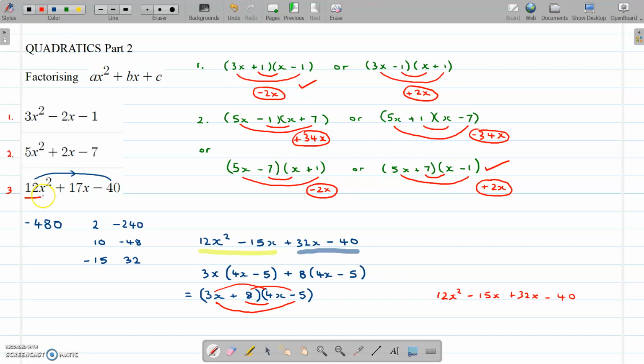It just takes a long time if you try to do it this way. But if it's something like 3 or 5x squared and something like 1, 3, 2 at the end, or 7 or 5, it's quite quick, as you saw in examples 1 and 2. That's the end of this session on factorising ax squared plus bx plus c.